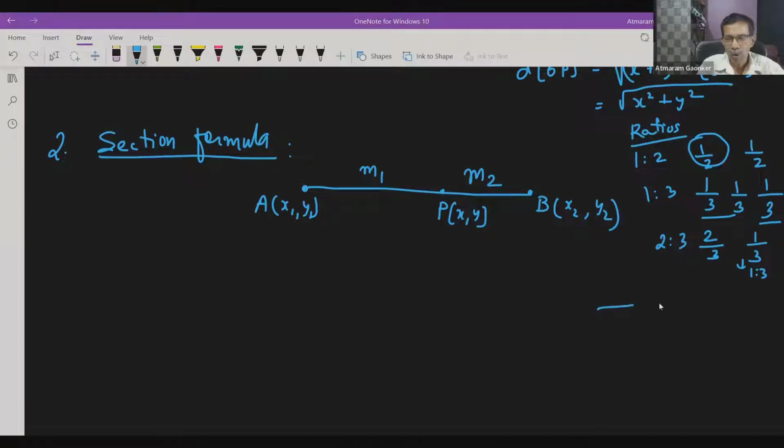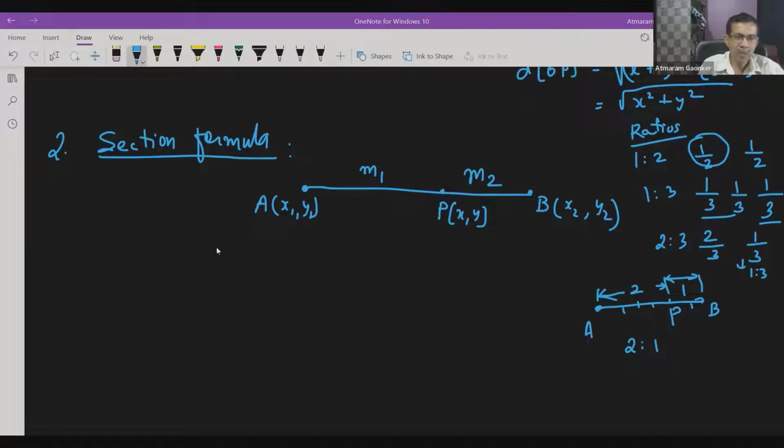Let's say suppose we had the chord AB and it is divided into 3 equal parts, and this point P is dividing this into 1 and this into 2, because 3 equal parts are there, then this becomes 1, 1, then 1. So 1 plus 1 will be 2 from here to here, and there will be 1 from here to here. So this ratio is called 2:1.